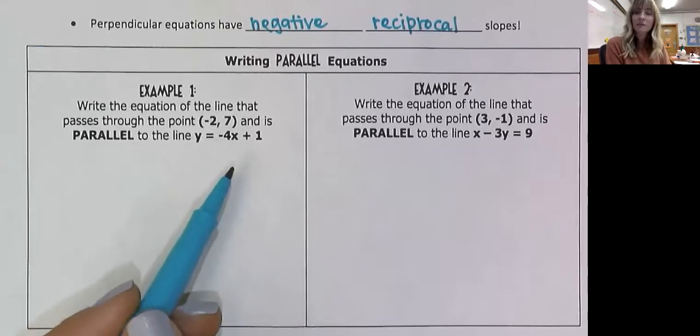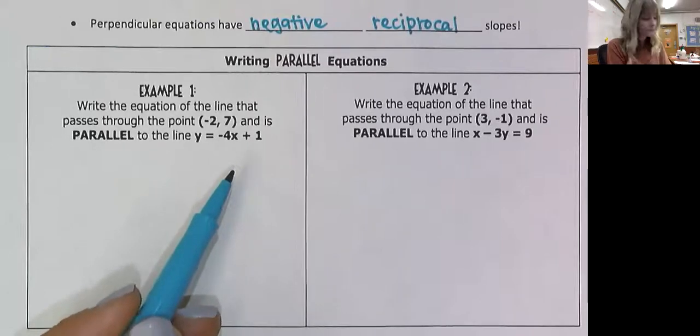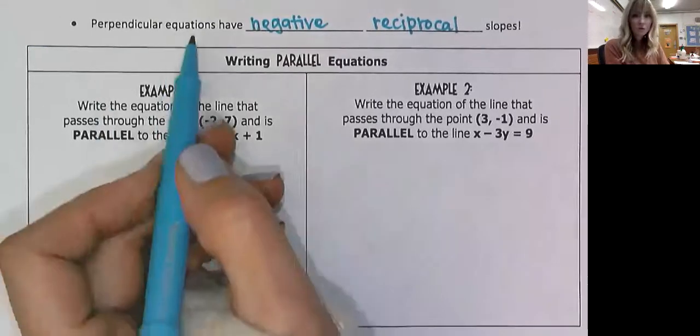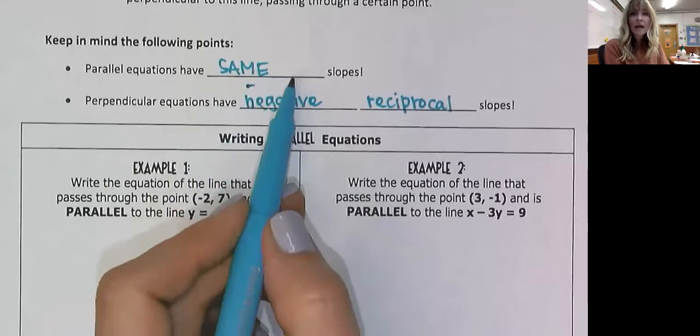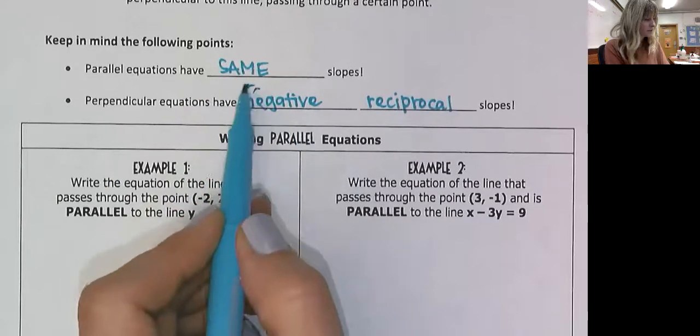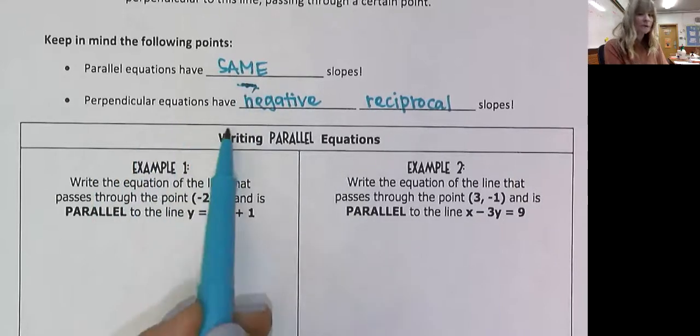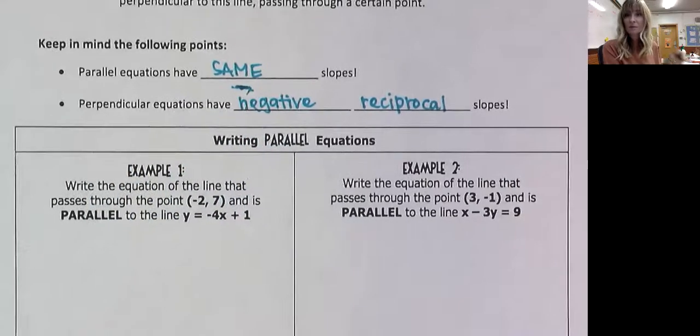It doesn't mean it's going to be the exact same as this line. Parallel equations have the same slopes, and perpendicular equations have negative reciprocal slopes, but it's all about the slopes. The important thing here is the slope.